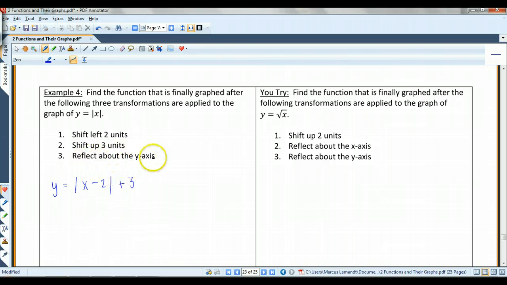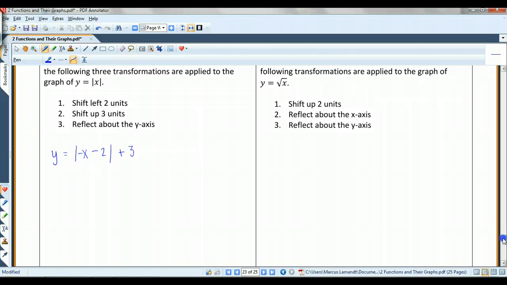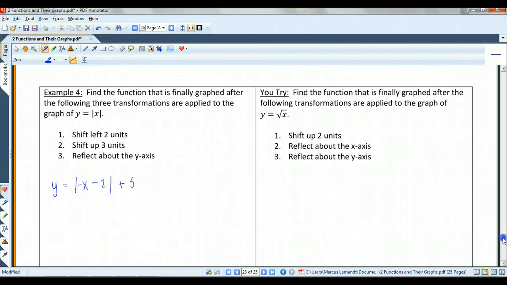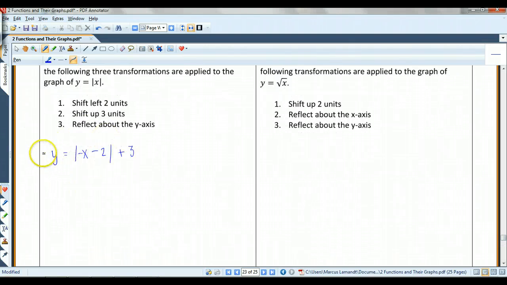And if you reflect about the y-axis, that means your x becomes negative. Okay? And I left you a lot of space because I thought that you had to graph it, but I guess you don't. So, that's the answer.